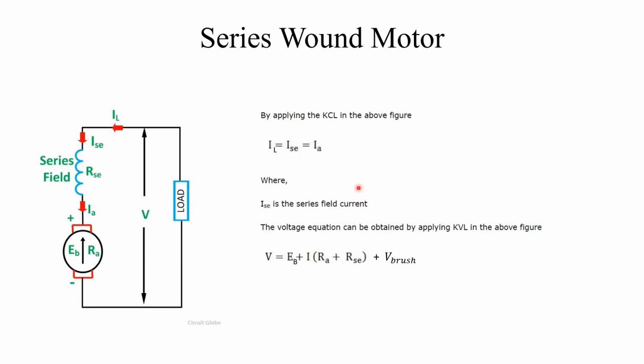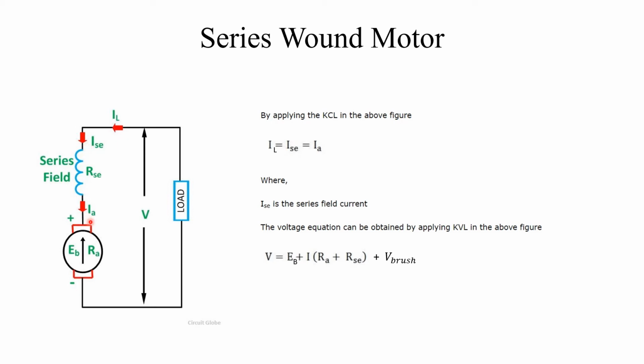Series wound motor. In the series wound motor, my field winding is connected in series with my armature resistance. If connected in series, the current will be the same. So ISC, IA and IL are the same because all are connected in series.